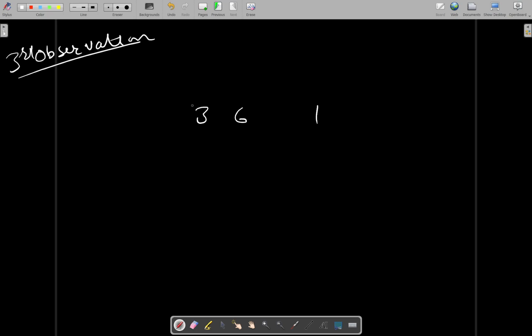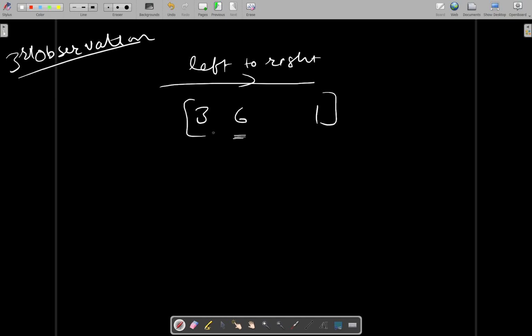Now, third observation: why are we choosing right to left direction? Let's say something like this was given to you. Now, let's say you are moving from left to right. You see that 6 is greater than its previous number. So you did something like this.